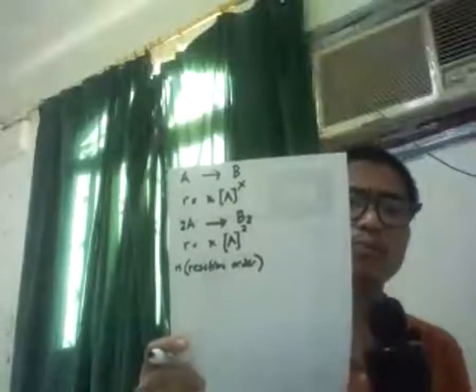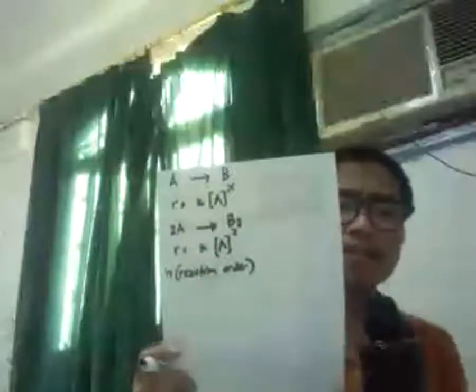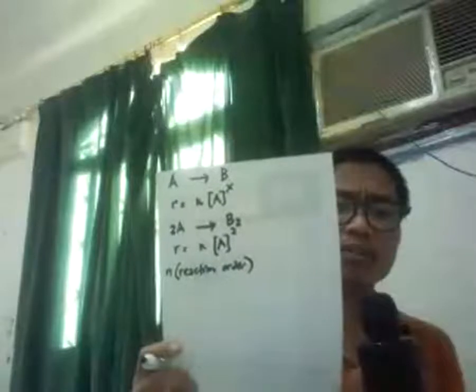Because the chemical bonds will break down because of activation energy. If there's no activation energy, then there will be no breakup of molecules to produce the products. So n is equal to 0, meaning zero reaction order.